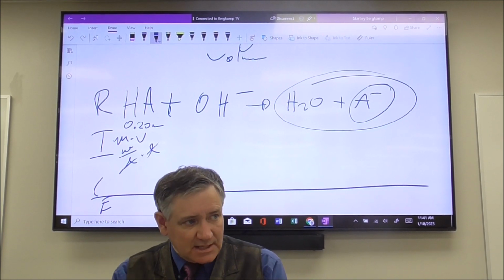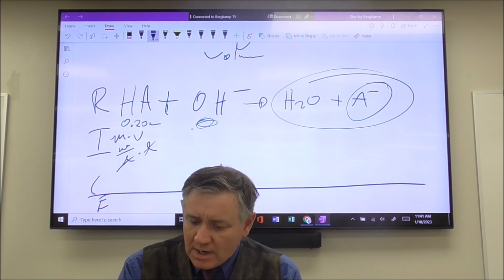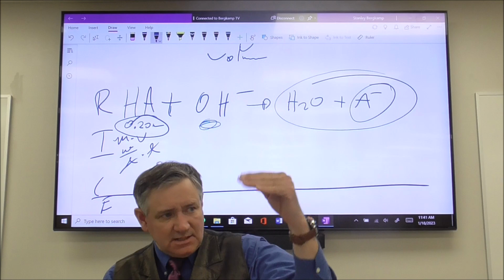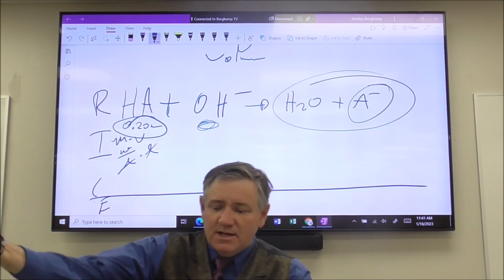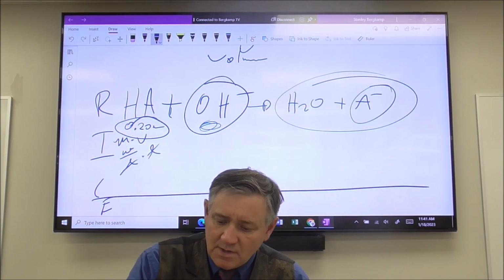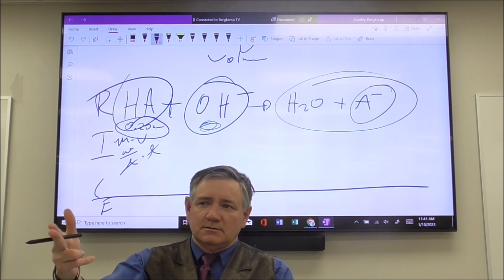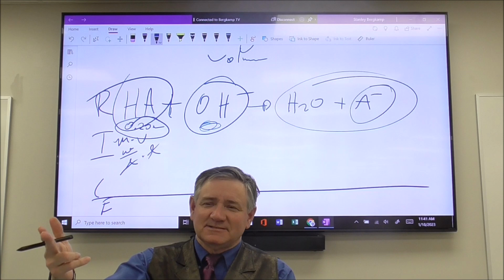Here's the basic idea: as you add more and more hydroxide, the number of moles of acid in that beaker is decreasing, because that hydroxide is reacting with the acid. The hydroxide comes up to the acid and says, give me your protons.